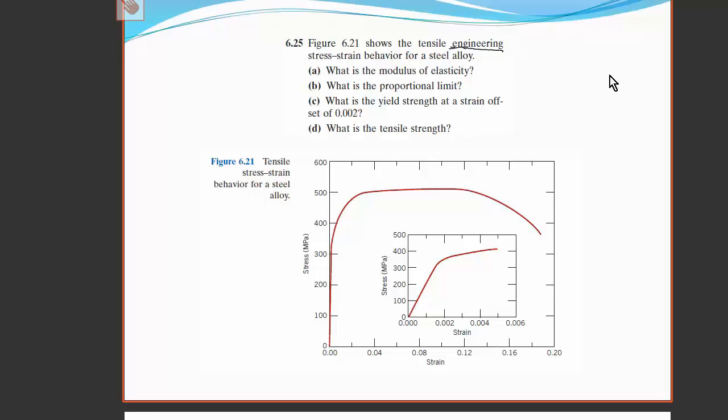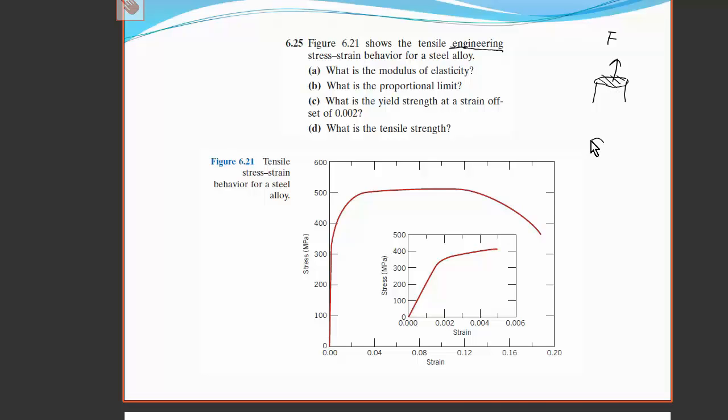What does that mean? That means that when we determine the stress simply by dividing the applied load by the original cross-sectional area, even though we understand that as we stretch the material will get thinner and hence the cross-sectional area will get smaller.